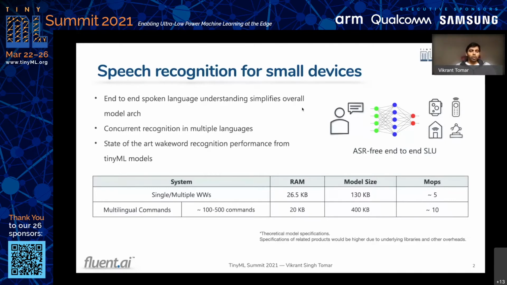The table at the bottom of this slide highlights some of the models that our team has developed. For example, we have single wake word models that only use 22 kilobytes of RAM, 26 kilobytes of RAM, and we also have multilingual command models that can run in as little as 20 kilobytes of RAM and use 10 million operations per second.